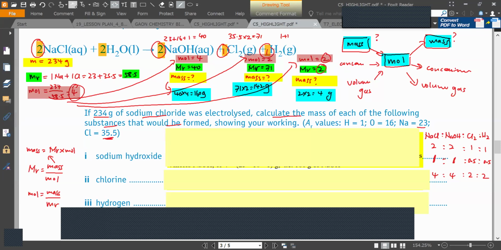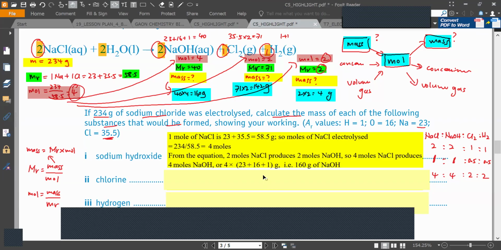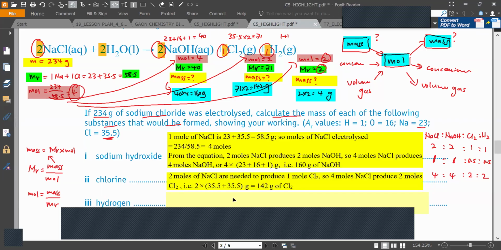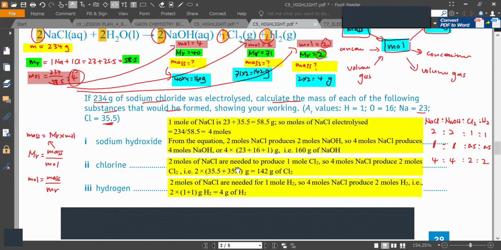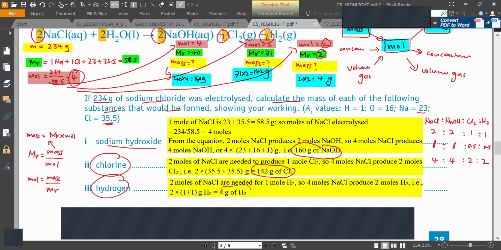If we do everything correctly, we'll get the correct answer. So we get the products: sodium hydroxide will be 160 grams, chlorine 142 grams, and hydrogen 4 grams.